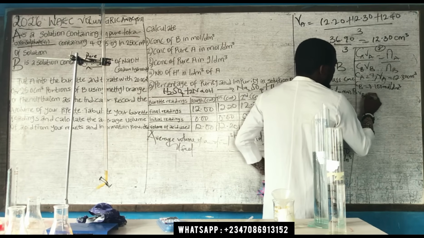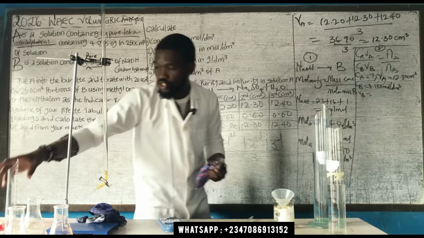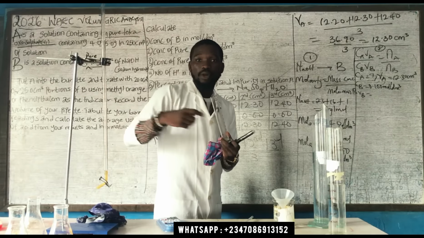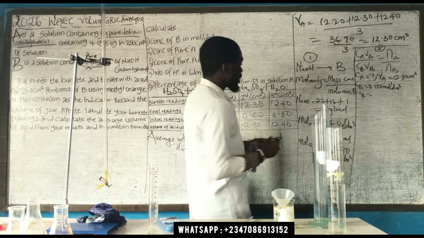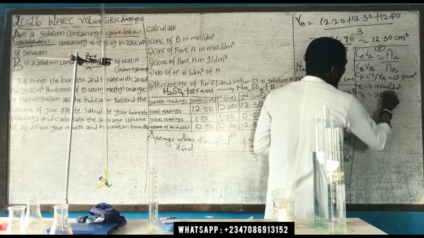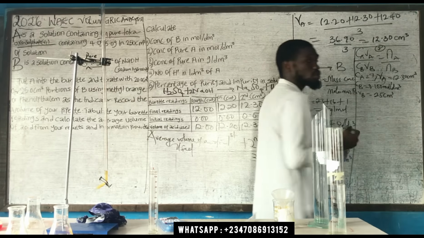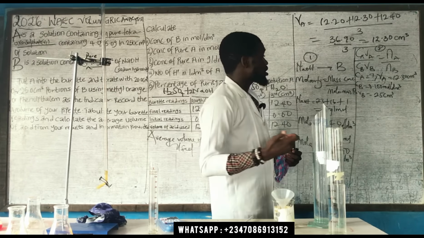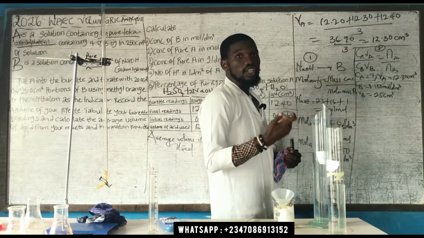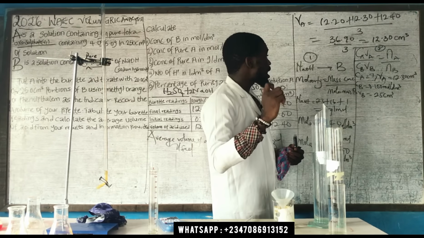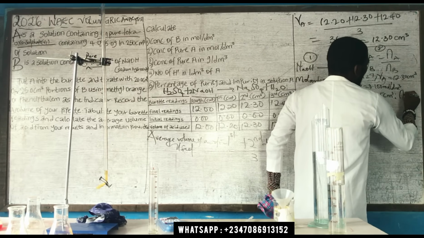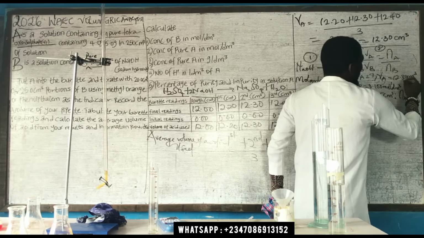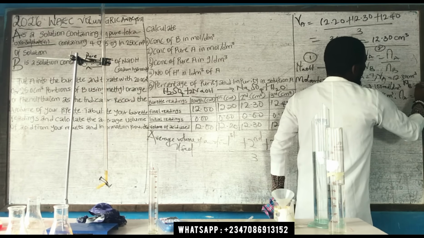Our Vb, the volume of the base used earlier when I was showing the titration, is 25 cm cube. Some tutors might choose to use 20 cm cube, but I'm using 25 cm cube. So our Na is 1, our Nb is 2.